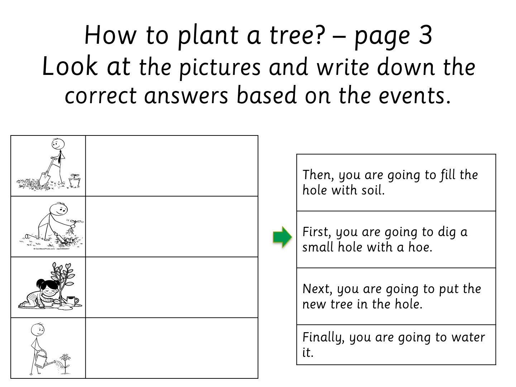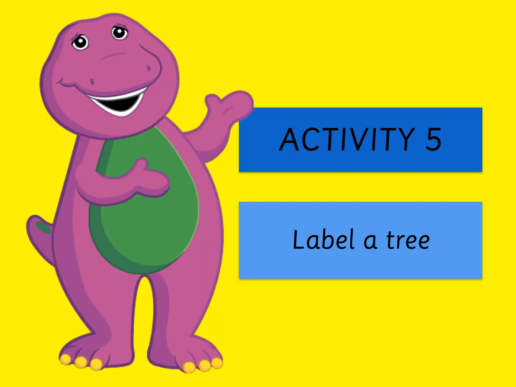First, you are going to dig a small hole with a hoe. Next, you are going to put the new tree in the hole. Finally, you are going to water it. So please pay attention to these words: then, first, next, finally, and write these sentences based on the correct pictures.